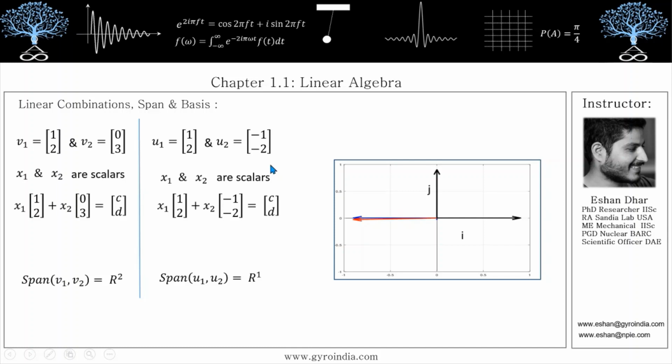We can observe from the second example, where u1 and u2 are two vectors and x1 and x2 are scalars, that both the vectors span the same direction.